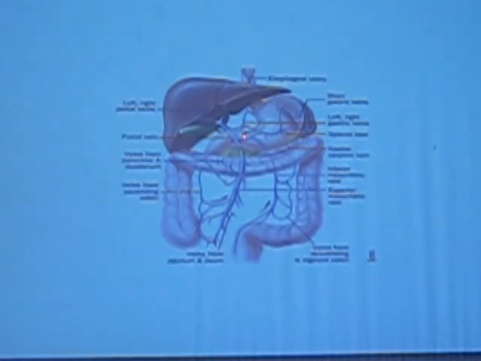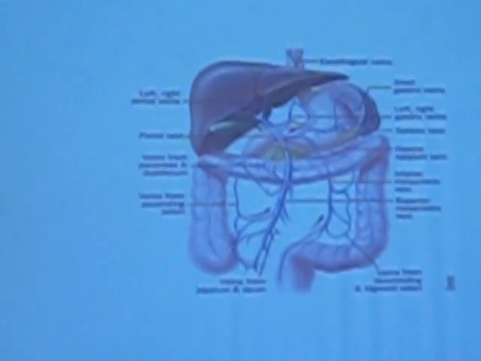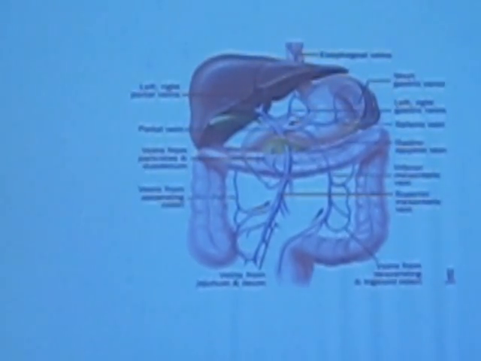It opens into the splenic vein, and it collects blood from the upper part of the anal canal. So the lower part of the anal canal doesn't drain into the portal circulation. Understand? So by this view, the upper part of the anal canal drains into the portal circulation, but the lower part doesn't.